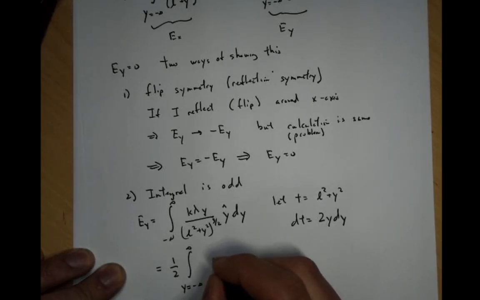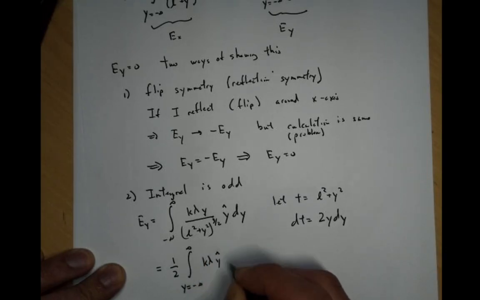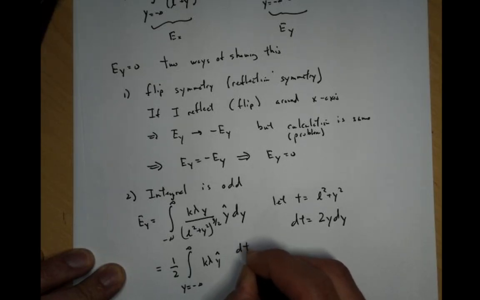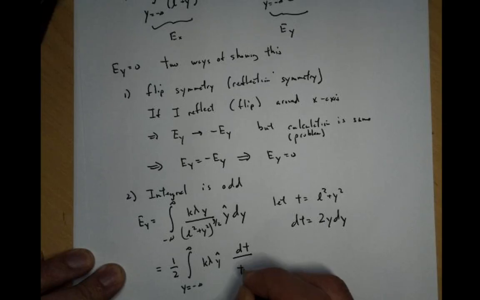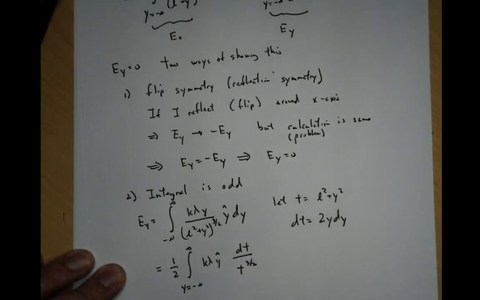And then what you end up getting is k lambda y hat, and the rest of it is just dt over t to the 3/2 power. I know how to do this kind of integral.